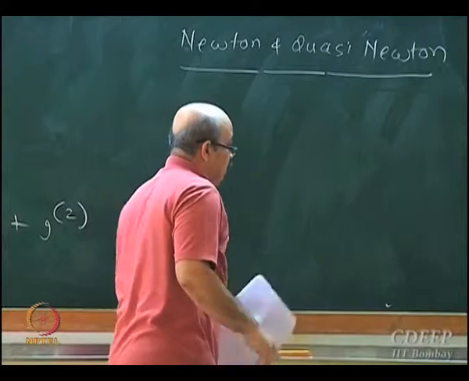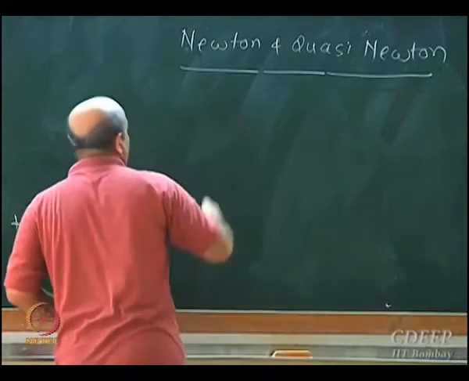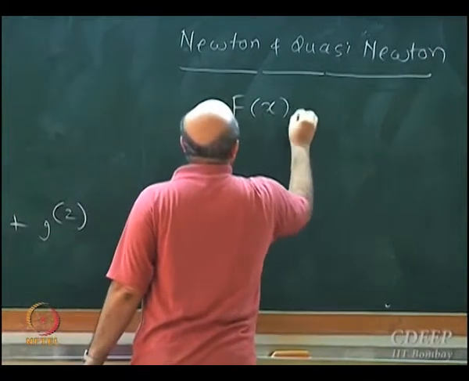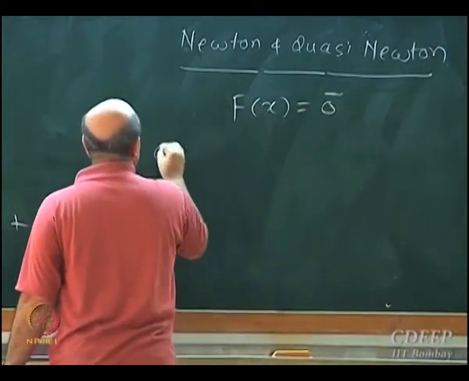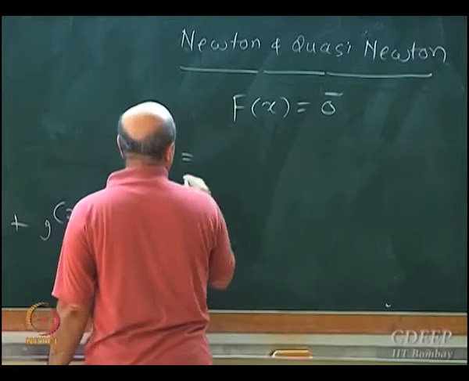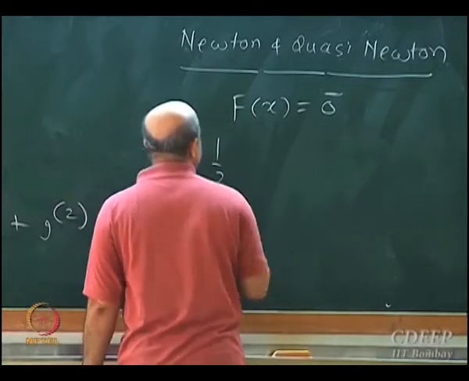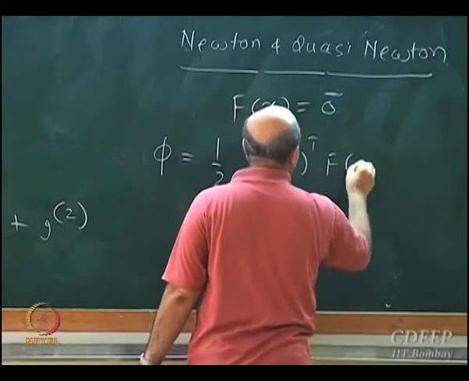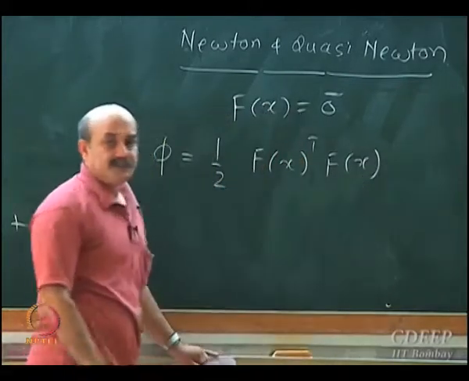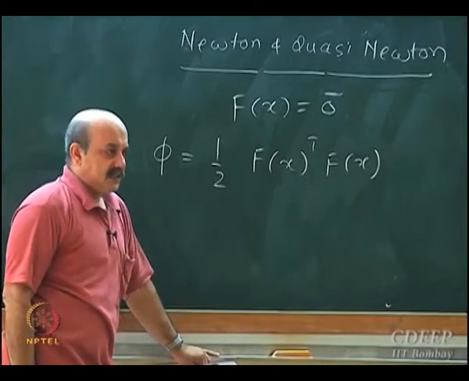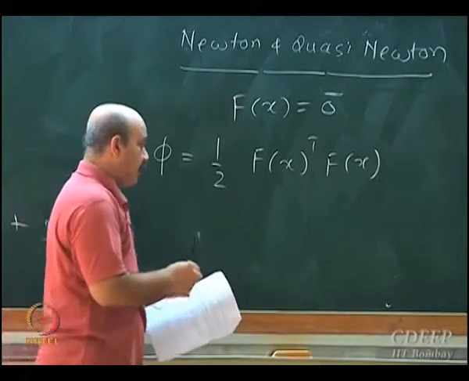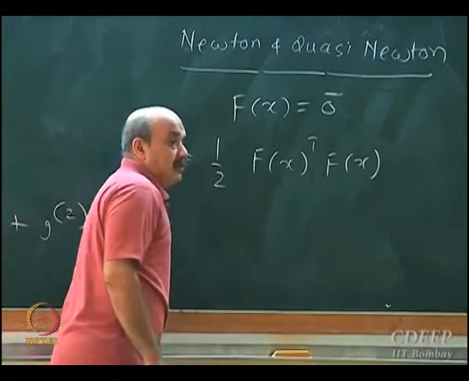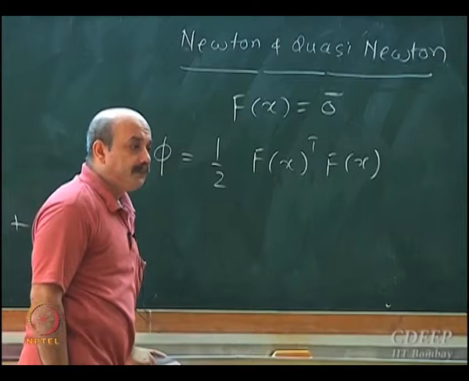So what did we start with? We started by saying that to solve f of x equal to 0, we formed this objective function phi, which is half f x transpose f x. And what is the necessary condition for optimality?